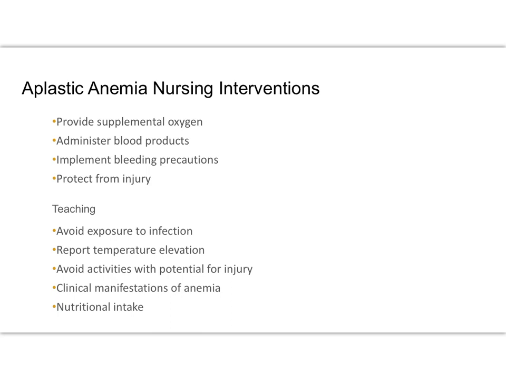Right. Because there's risk of bleeding, we want to protect from injury. So you might have somebody on bleeding precautions. We want to reduce infection risk on top of, hey, have good nutritional intake, talking about activity, balancing activity with rest.